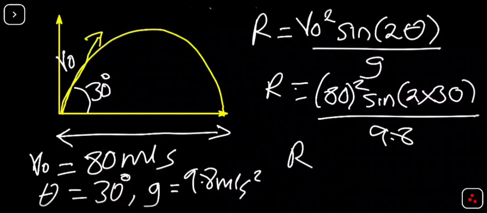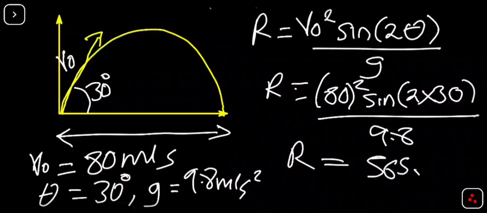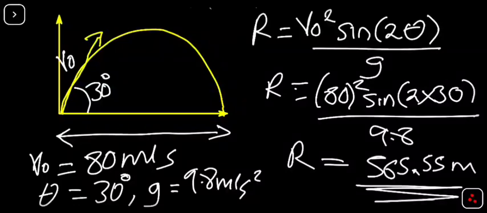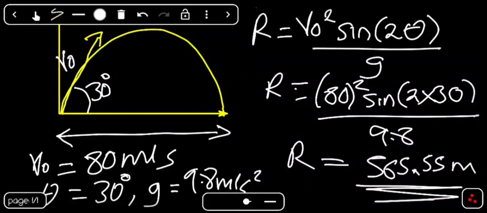Okay, so once you do your calculation, you're going to find our range is 565.55 meters. Okay, so this is our range. Kindly note that range is basically the horizontal distance between 2 points: the point where the ball is thrown and where the ball is going to fall. Okay, that is the range.